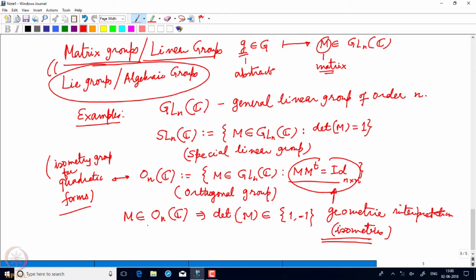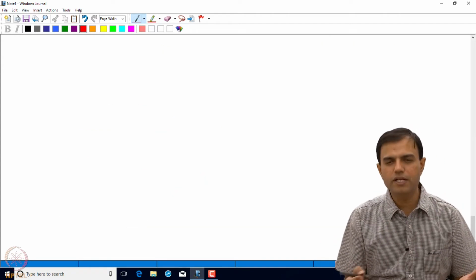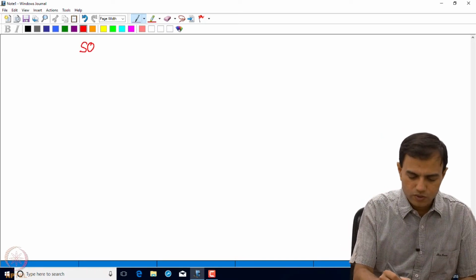Okay, so elements of OnC, elements of the orthogonal group, can therefore be categorized into two types: the ones which have determinant +1 and the ones which have determinant -1. The ones which have determinant +1 are called special, and the collection is called the special orthogonal group, SOnC.